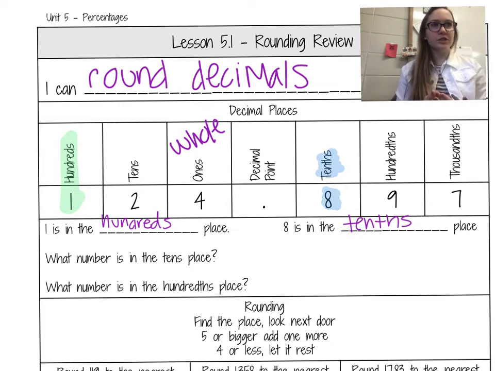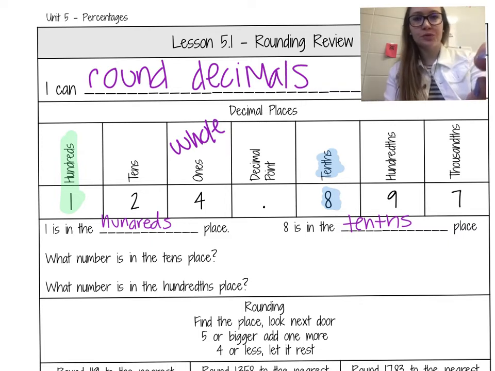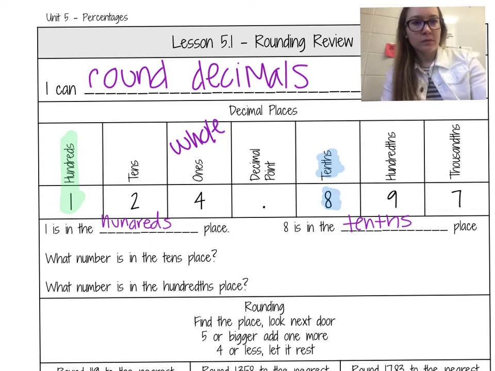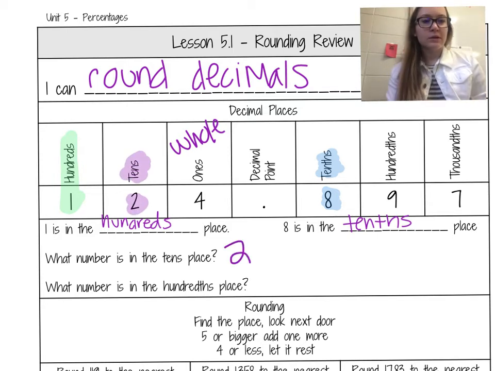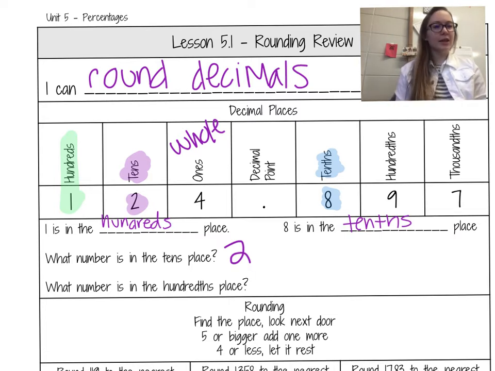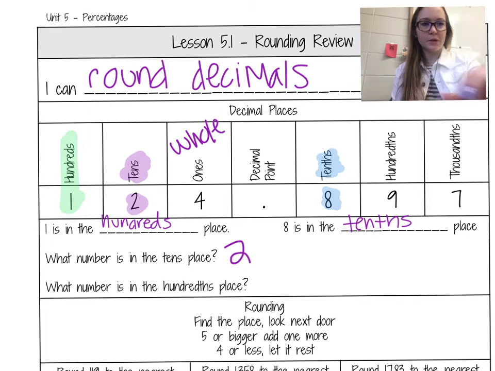All right, our next question says, which number is in the tens place without the TH? So here's my tens, and that number is 2. Okay, and then our last question, what number is in the hundredths place?